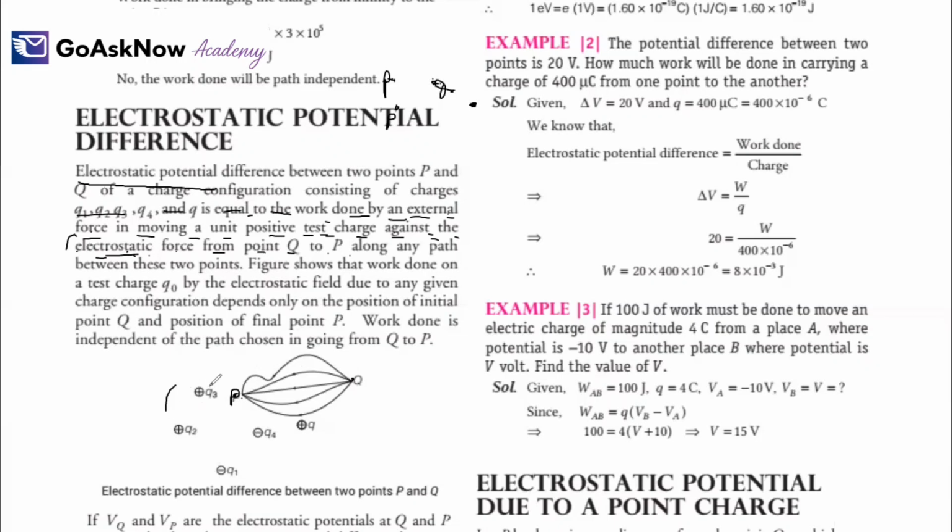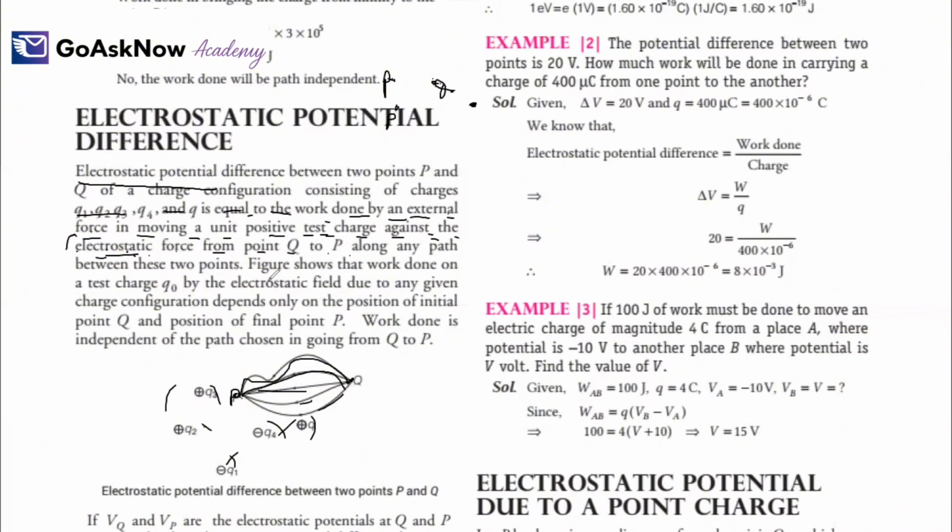The field will be of these charges, and I have to do the work against this field to move the unit positive test charge from point Q to point P along any path between these 2 points. I can move from this path also, or from this path also. Any path I can move on.